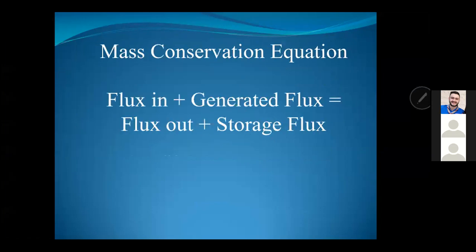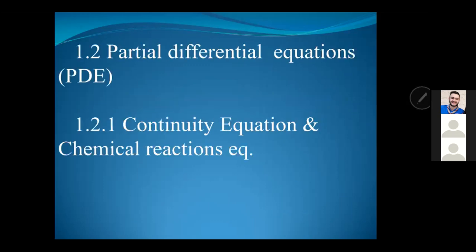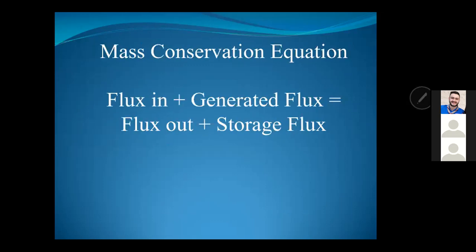Now the first question we ask: from the mass conservation equation, try to find the chemical reaction equation. We start from flux in plus generated flux equals flux out plus accumulated flux.